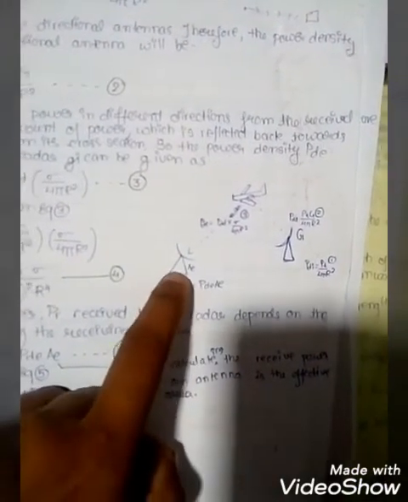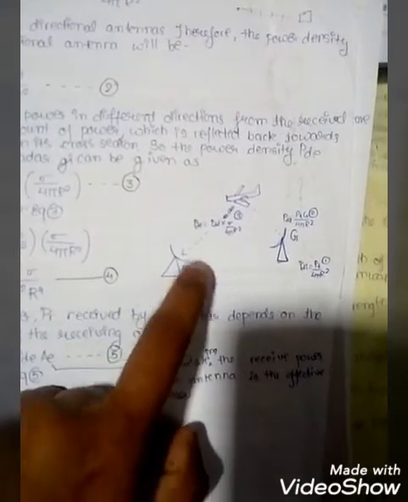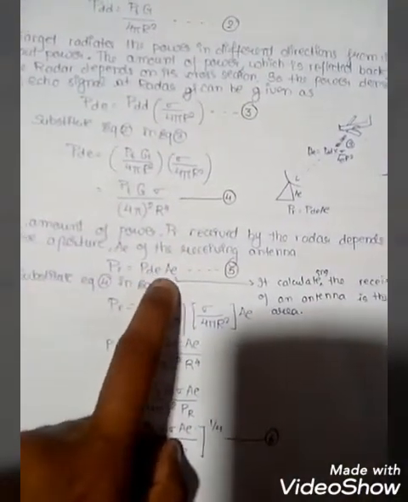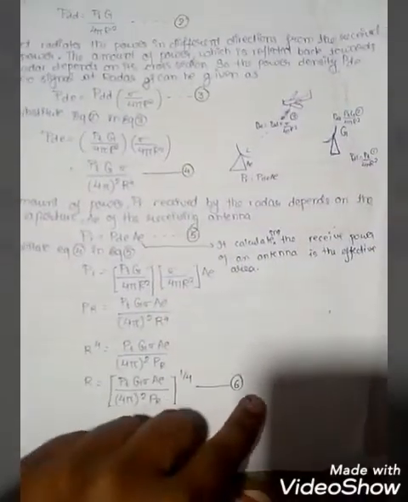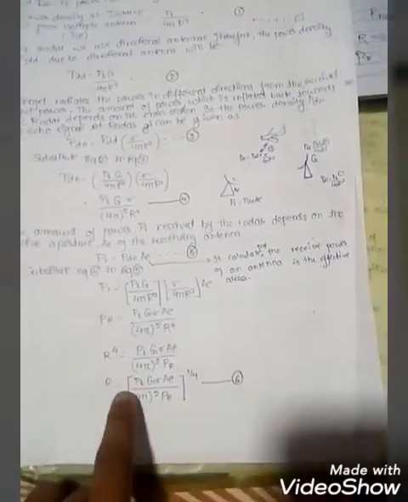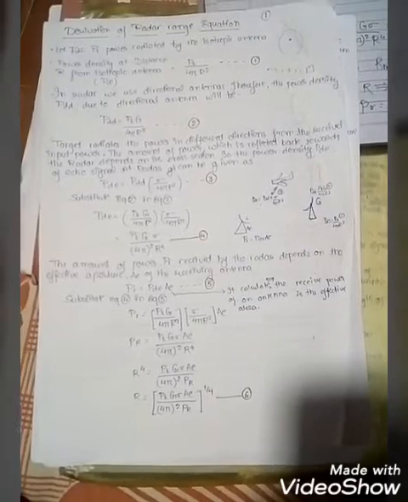In the last we multiply the receiving antenna's effective aperture AE with the PDE, and finally we manipulate our equation in order to get the radar range equation. So this is the oral explanation of the radar range equation.